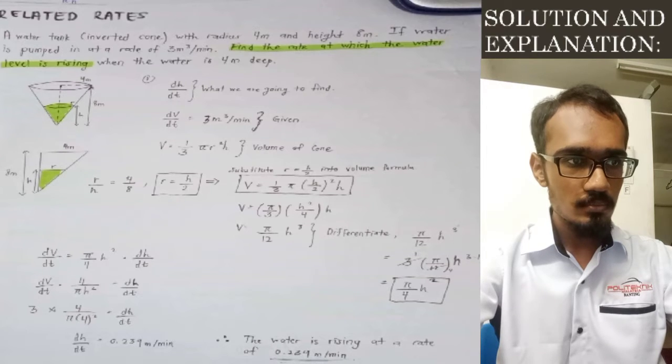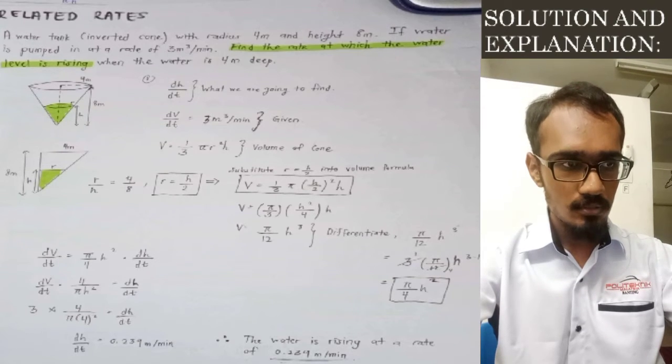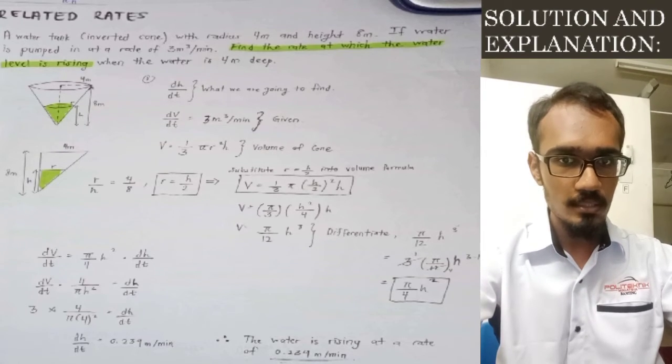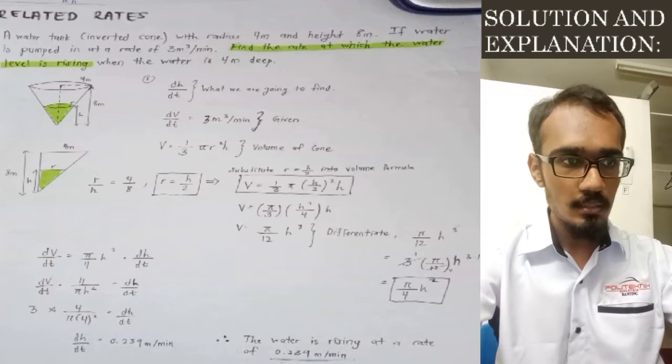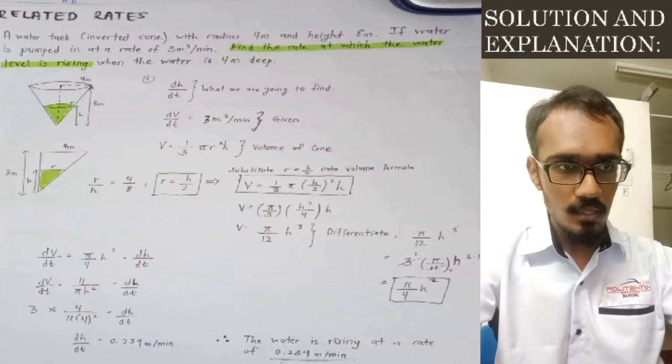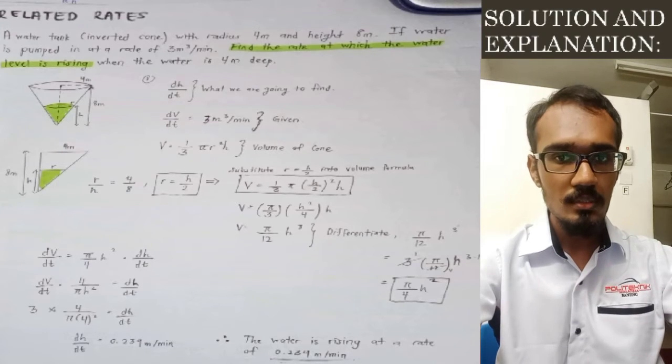This is because r over h is half of the big triangle, so the radius r will be equal to h over 2.